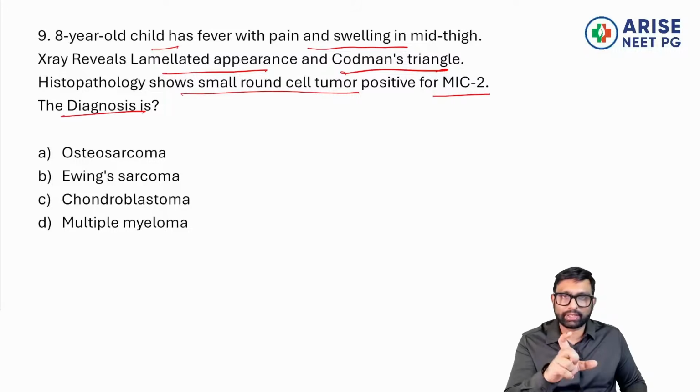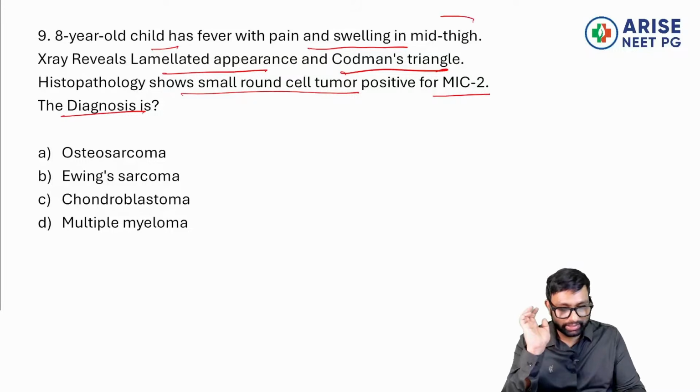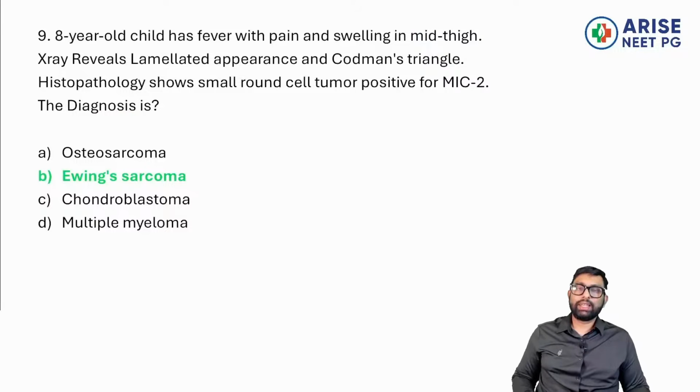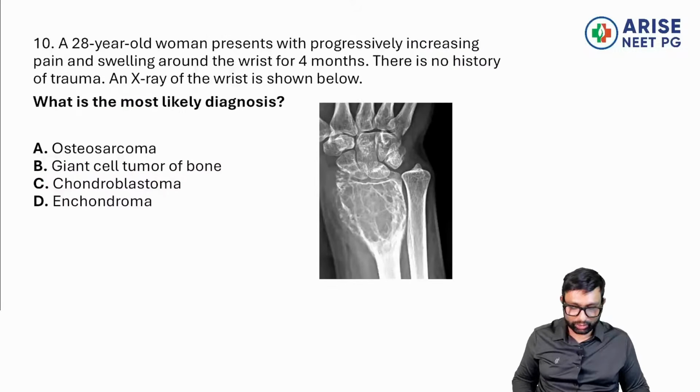And if you notice other keywords like small round cell, MIC2 gene being positive, and lamellated appearance, and also mid thigh suggests a diaphyseal tumor, all of this suggests that it is Ewing sarcoma. So the answer here is Ewing sarcoma. Okay, so that's how we go through the diagnosis of all of them.